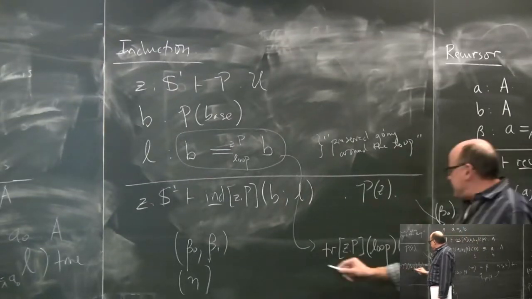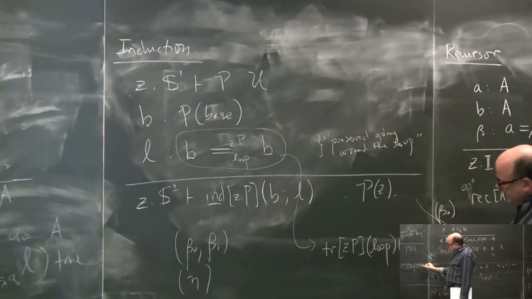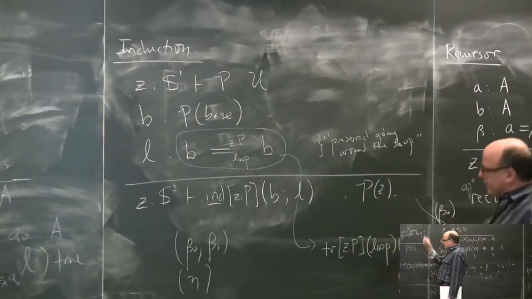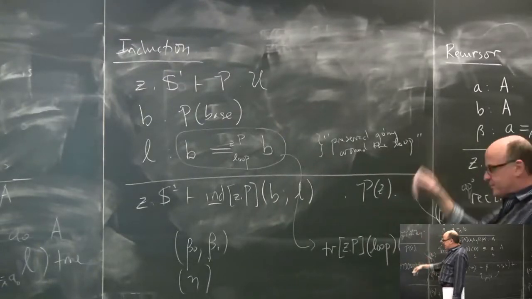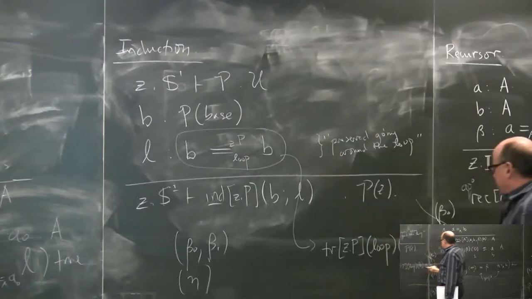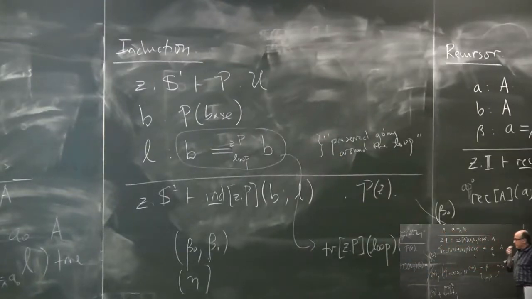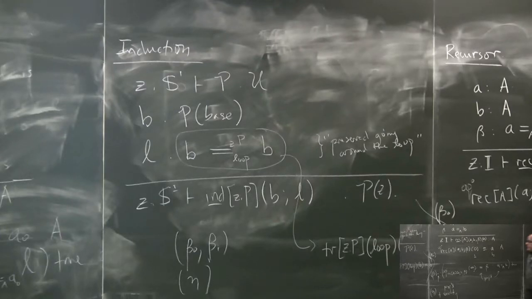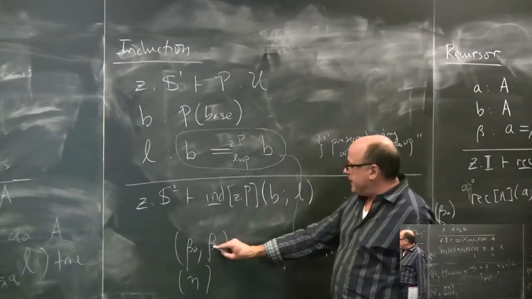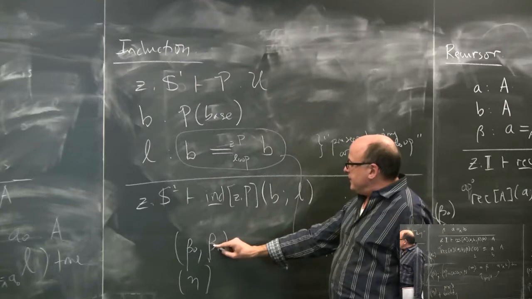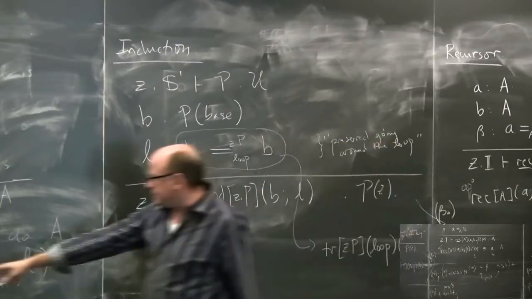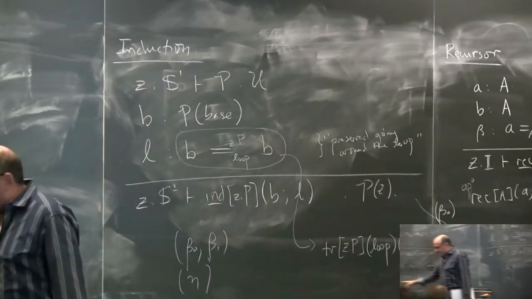So it says if I take B and I run it around the image of the loop in the space that I have here, then I will get B back. Okay, that's the idea. And we know by beta 1, which I didn't really write out here, that if you look at the action, imagine that's ind, okay?